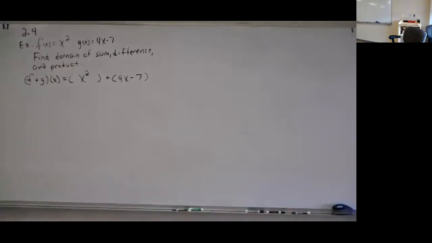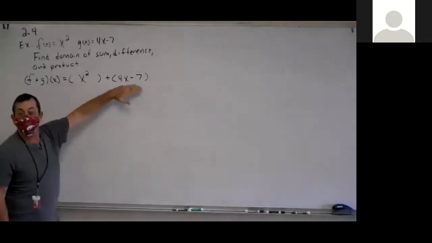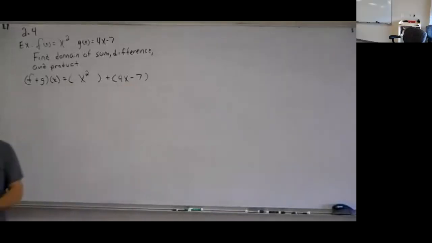And by restrictions, I mean fractions. So there's no fractions on my f of x. There's no fractions on my g of x. So since I don't have any fractions, there's no issues I'm worried about on this domain. So this domain would be x such that x is a real number.